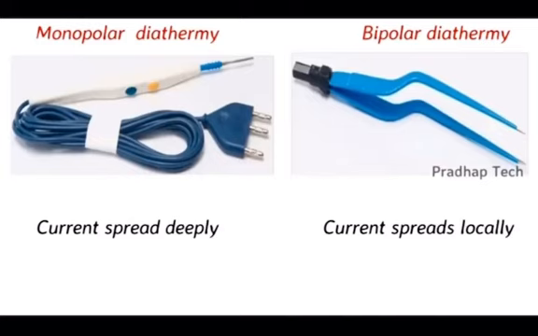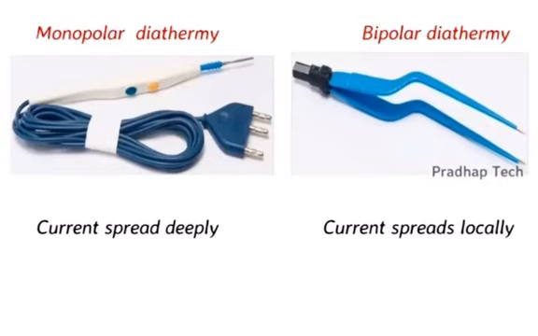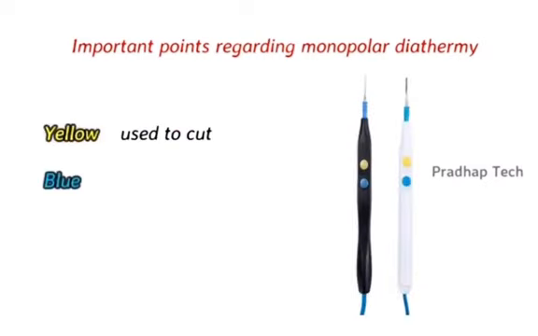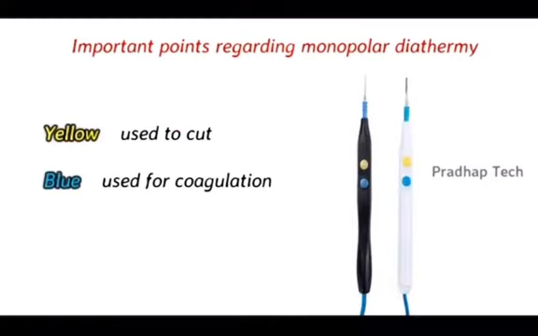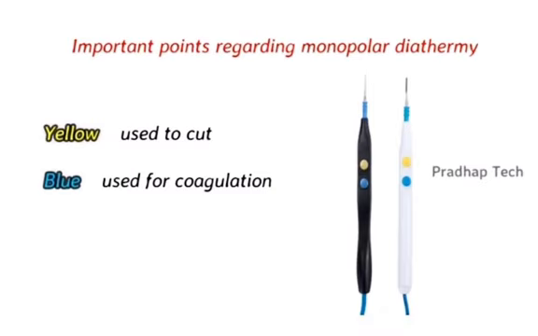Important points regarding monopolar diathermy are the colors between them. Let's go to the colors. The yellow is used to cut and the blue is used for coagulation or ablation. The continuous current is used for cutting, and the blue has a high voltage alternating current.